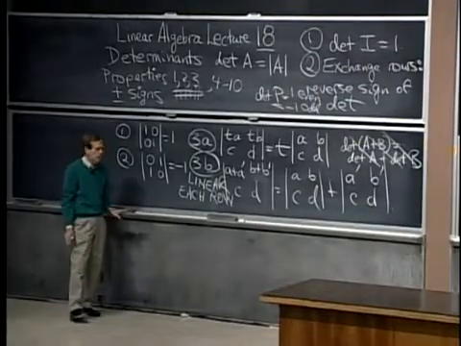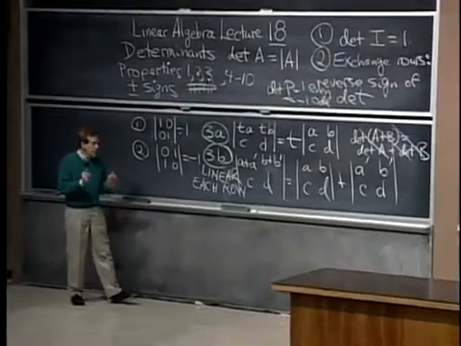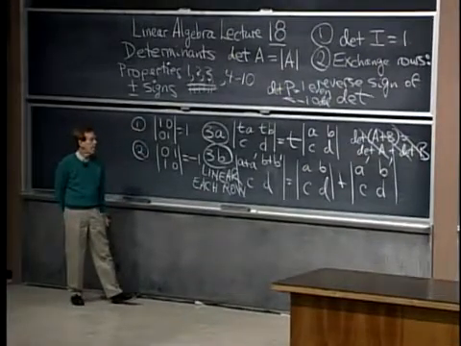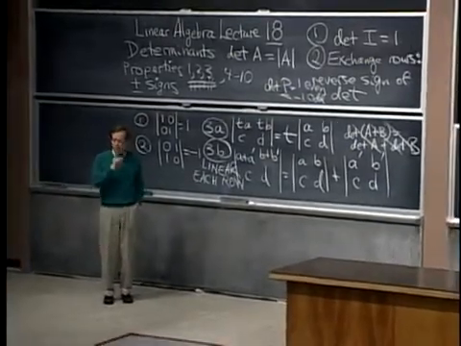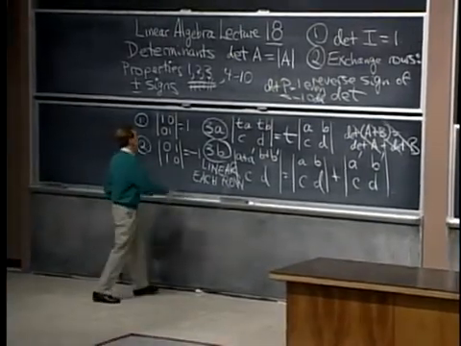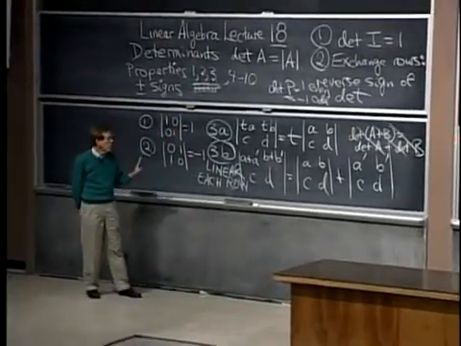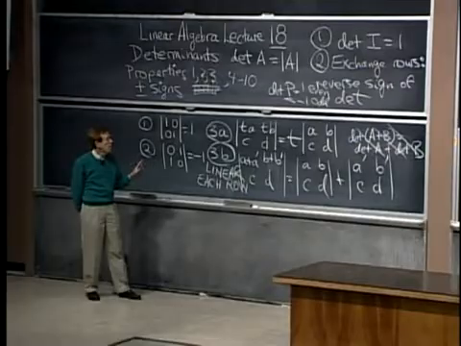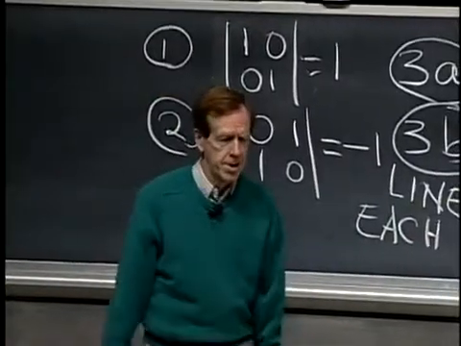So each row is okay, not only the first row, but each row separately. Okay, those are the three properties, properties 1, 2, 3. From those, I want to learn a lot more about the determinant.